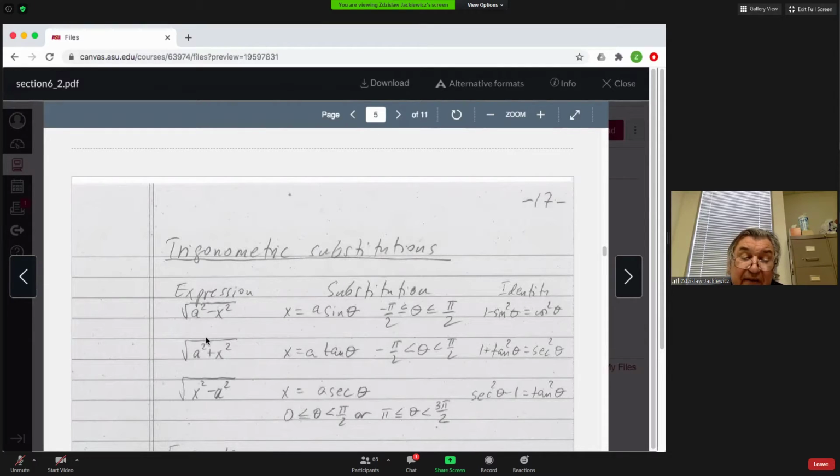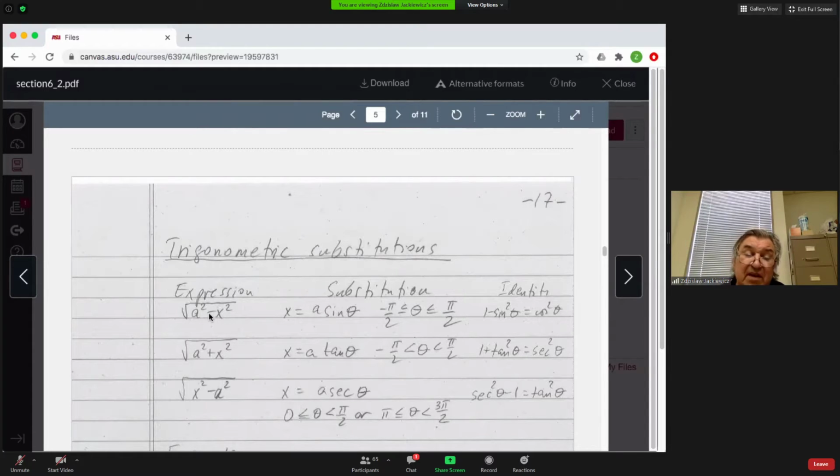So when you see something like this, the substitutions which are listed here may help. Again, not always, but quite often it will be useful. They will usually simplify the computations.